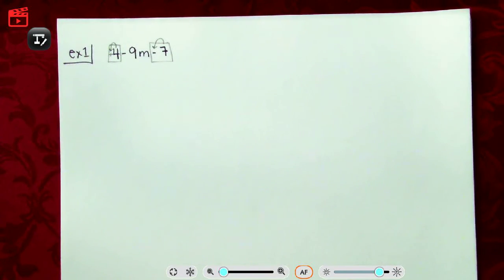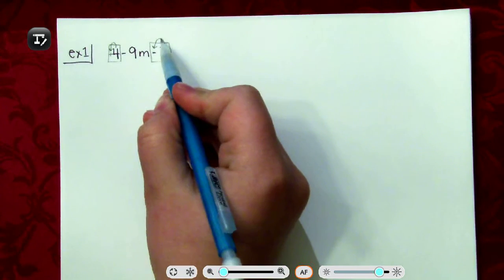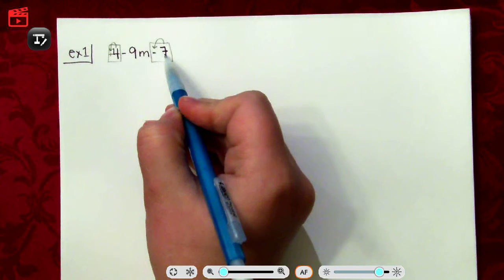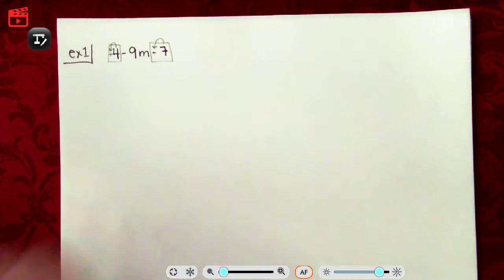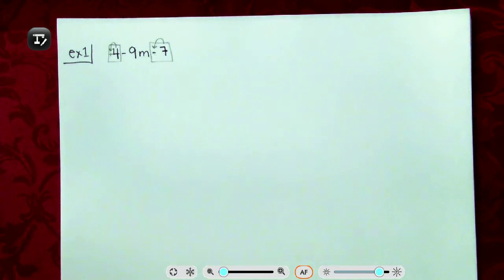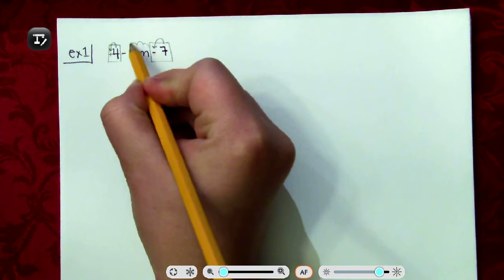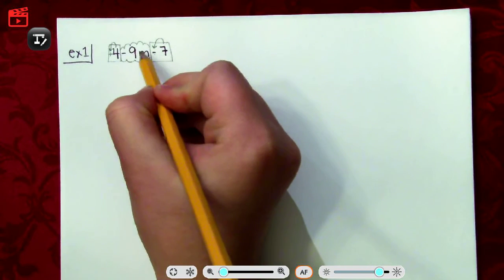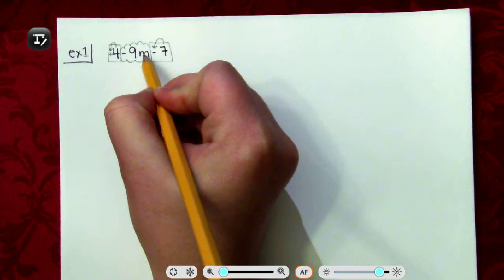So they just don't do it, but there's secretly a plus there. Then the symbol in front of 7 is this minus. And then what we're left with here is a -9m. Remember, m is a letter, that's a variable, and we're always taking the sign in front of it.